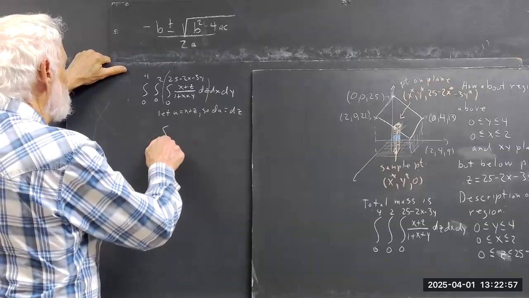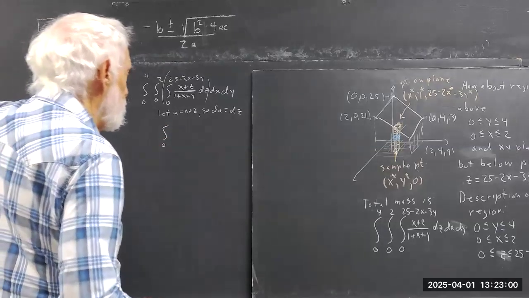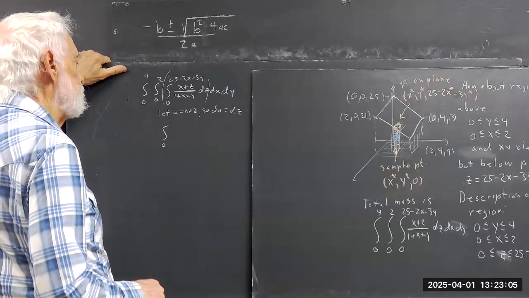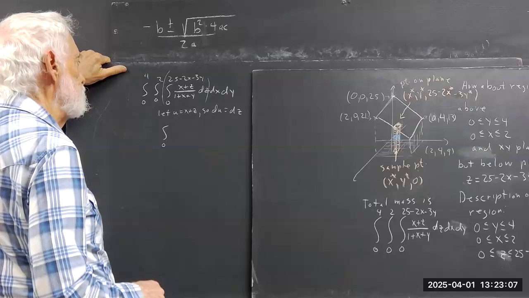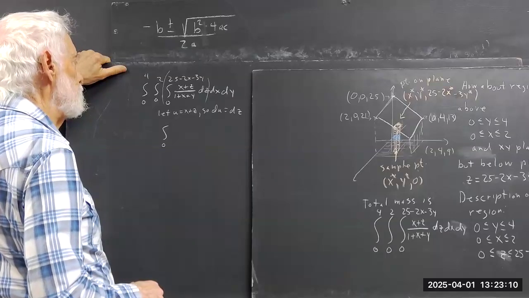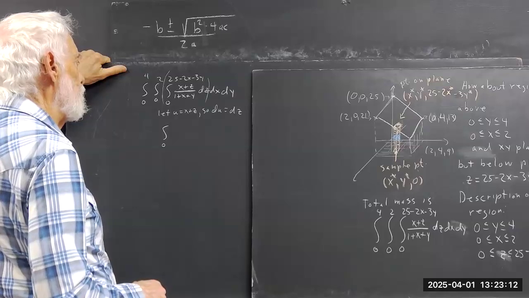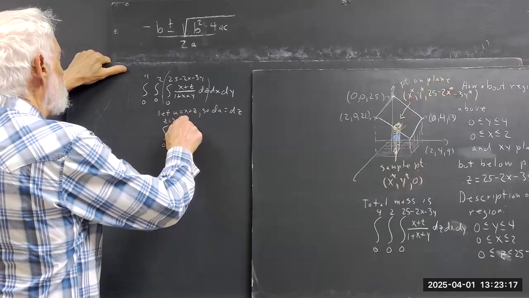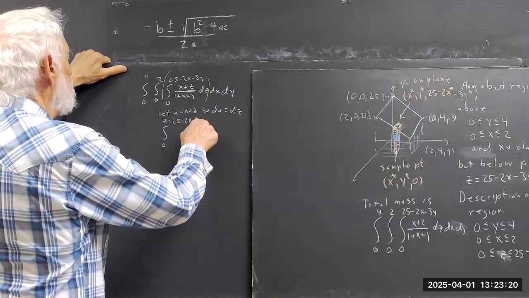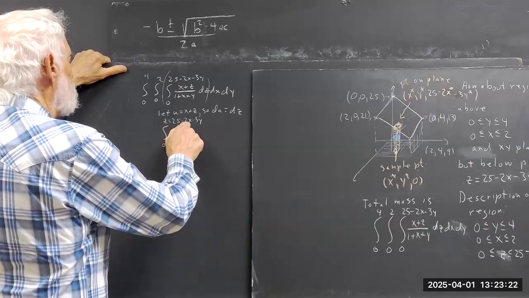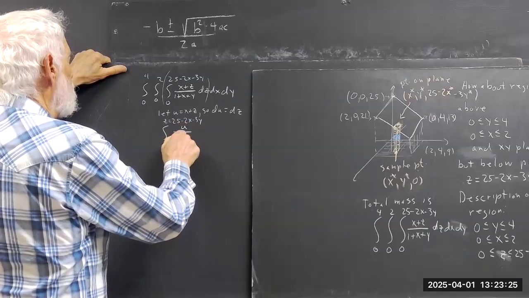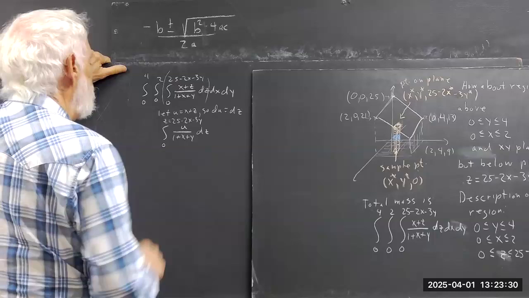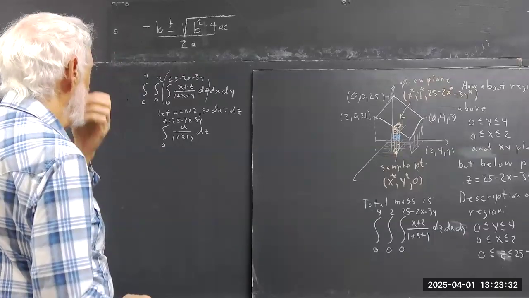So the integral becomes the integral from 0 to z equals 25 minus 2x minus 3y, and it's going to be u over 1 plus x plus y dz.